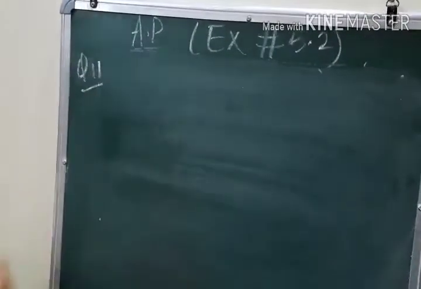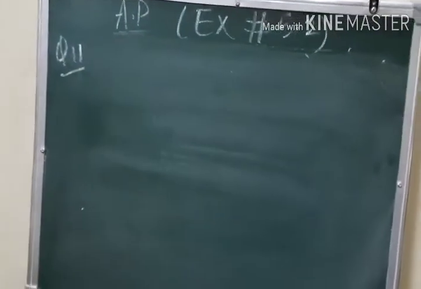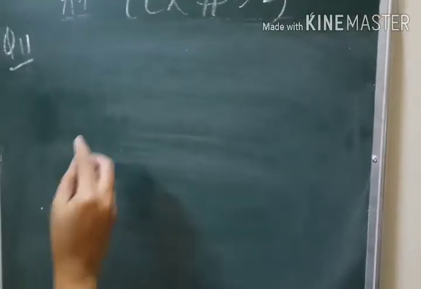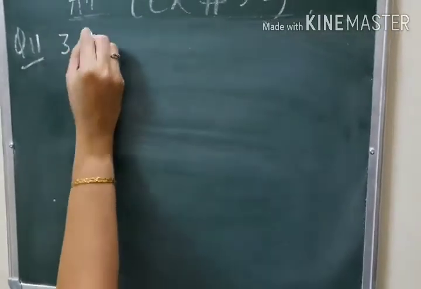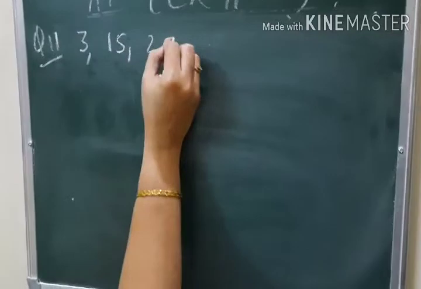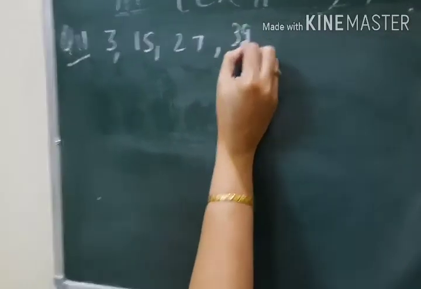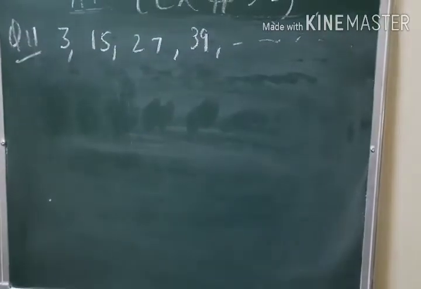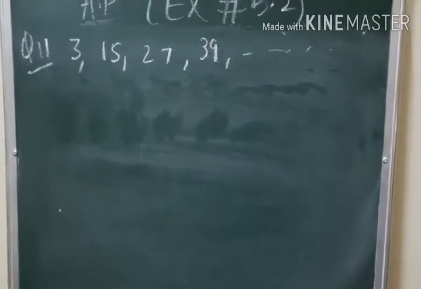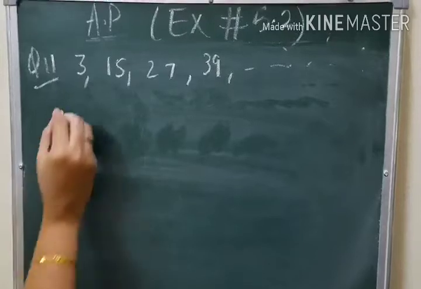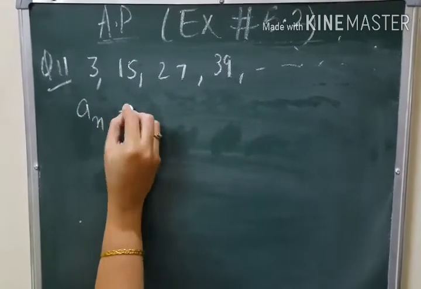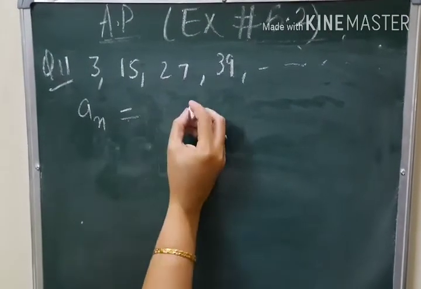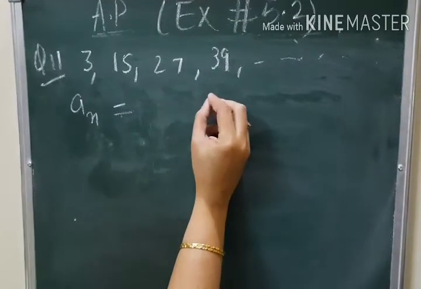Very important question, comes so many times in your board exams, previous board exams. Which term of the AP 3, 15, 27, 39 is 132 more than its 54th term? This is your AP given. Which term means AN will be equal to 132 more than.